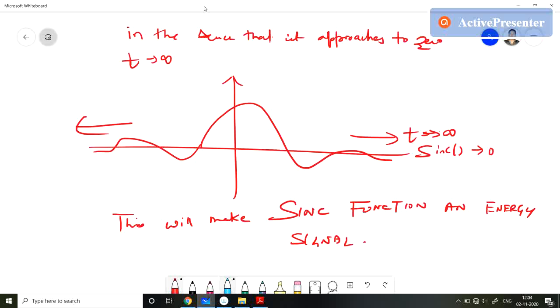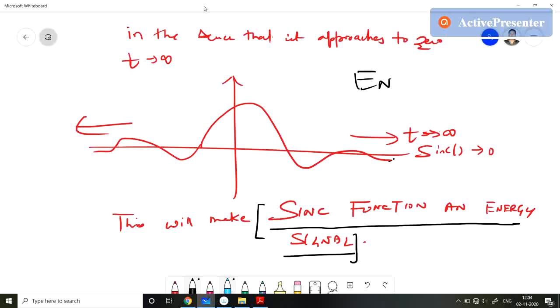So what we have observed is that the sinc function is an energy signal because it is bounded. This is a very important property of the sinc function.